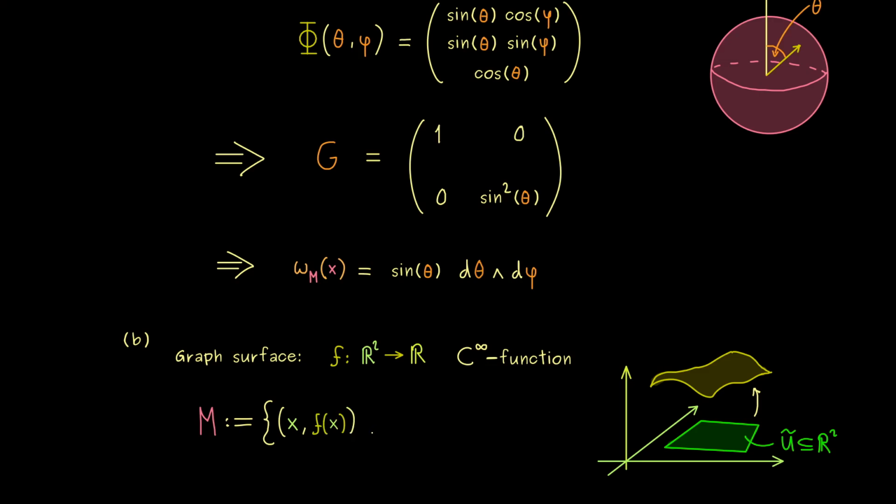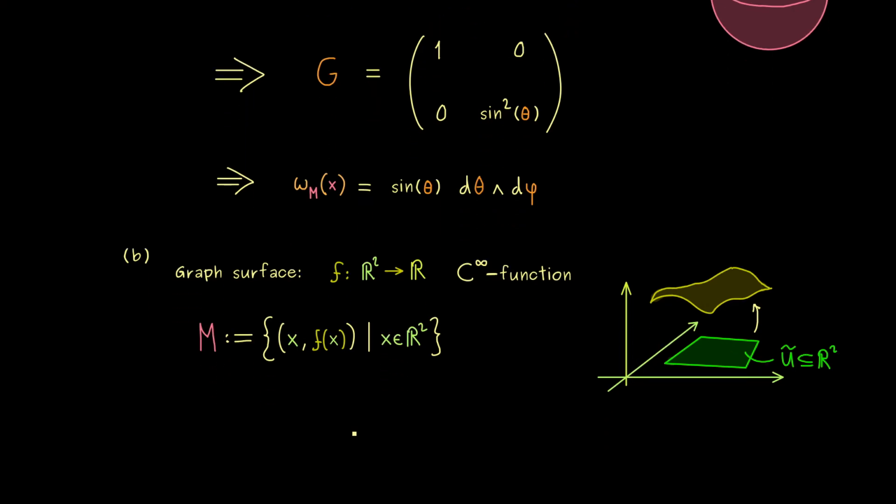And that's it, and we can just go through all possible inputs x. So we could say we go through all x in R2, or we restrict it to an open domain U tilde. This is not so important because in the end we are interested in the local behavior anyway. But clearly what we get here is a two-dimensional submanifold in R3.